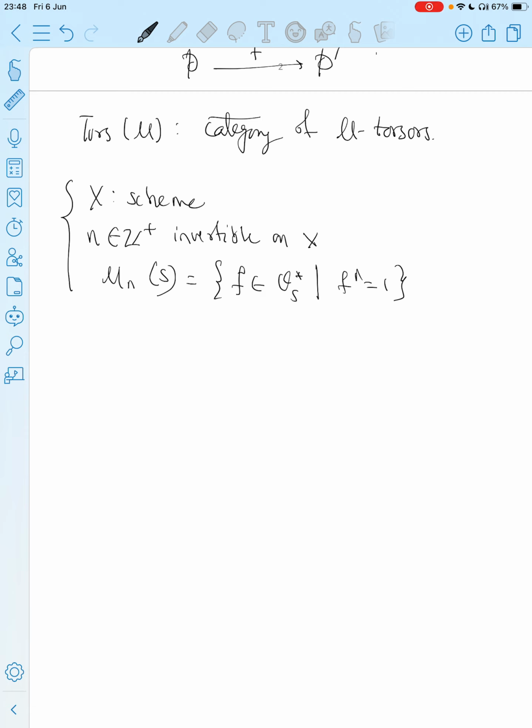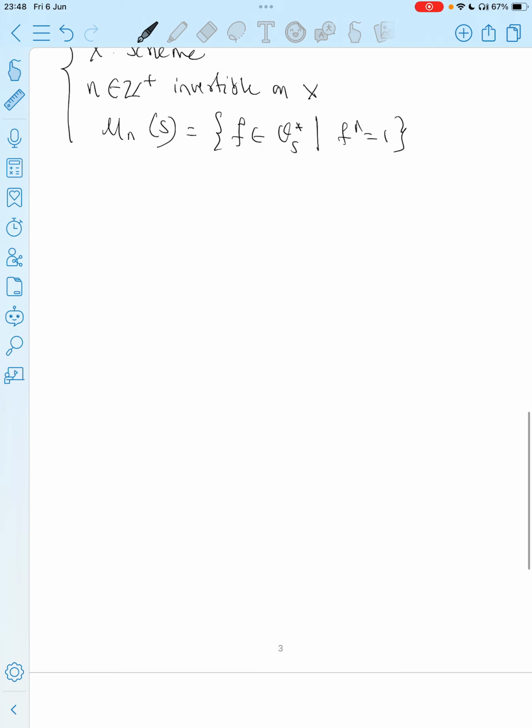So this is the nth roots of unity group of the regular functions. We'll be interested in mu n torsors. That is our central object.